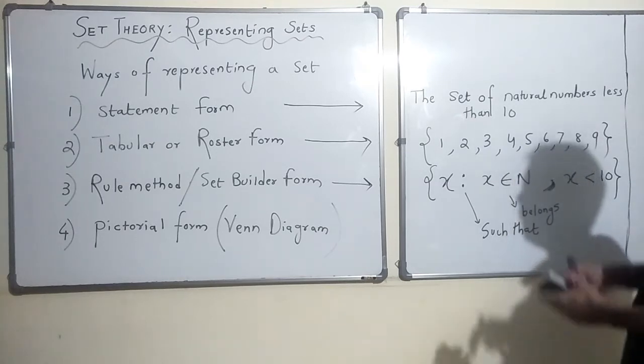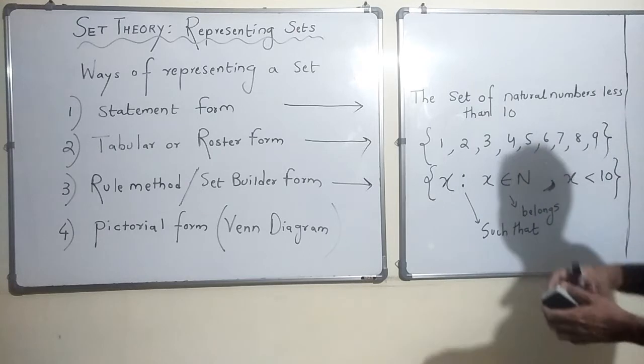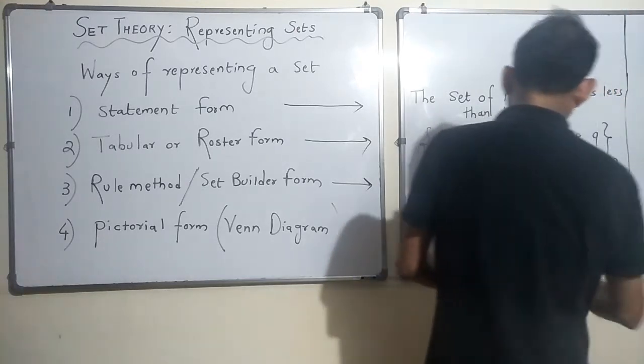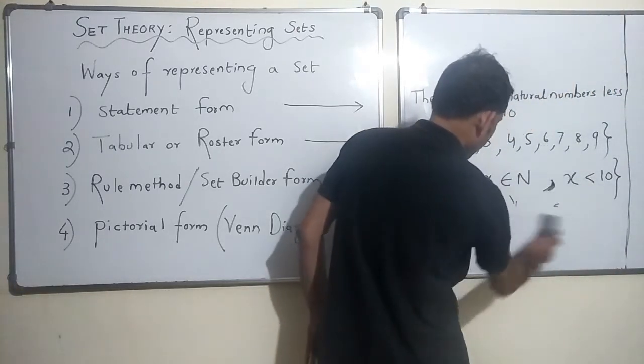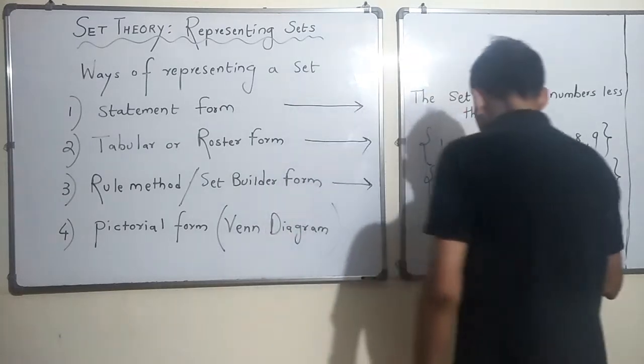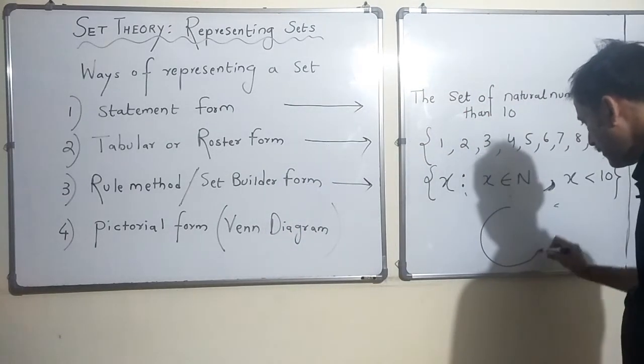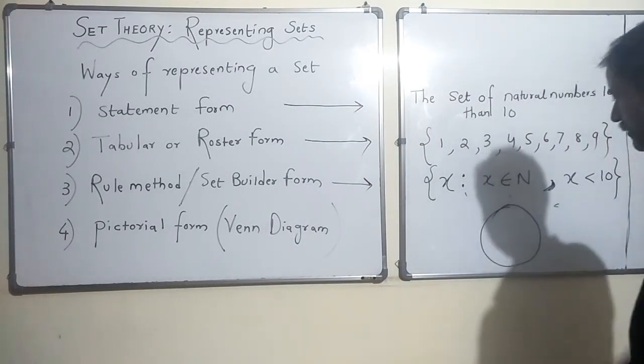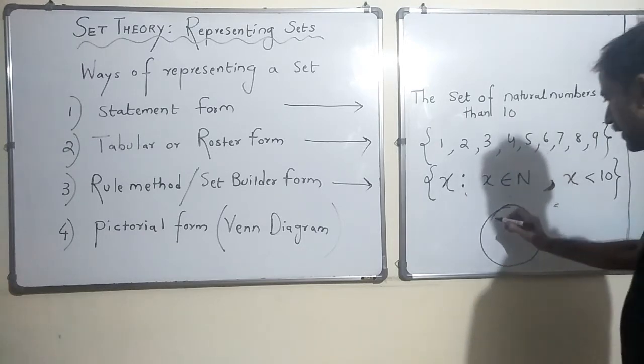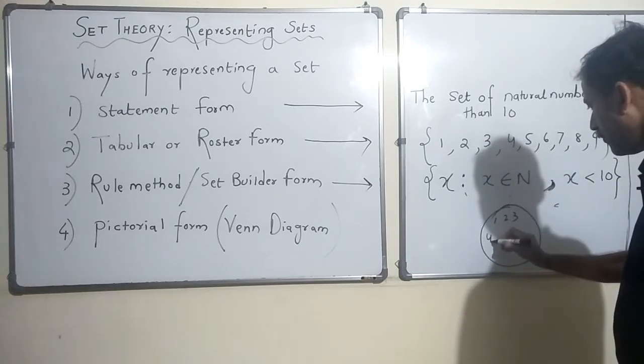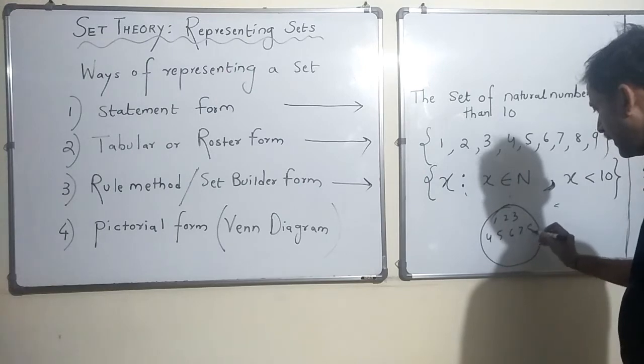In a pictorial form, how would you denote the same thing, right? Naturally you guessed it right, you would have to draw a picture, okay. Let's say we draw a circle, and I write 1, 2, 3, 4, 5, 6, 7, 8, 9.